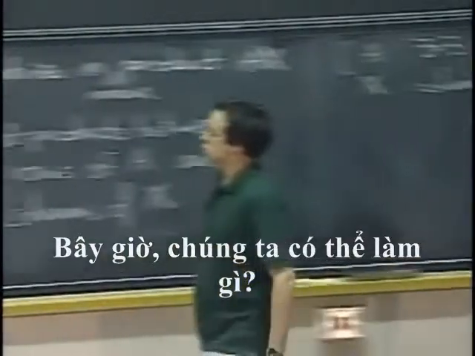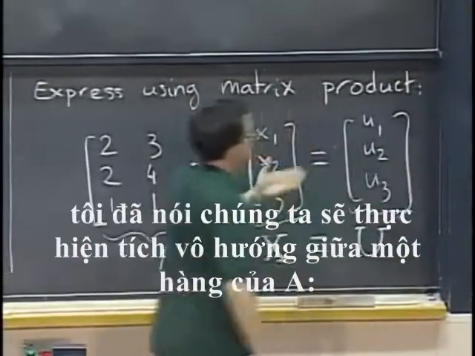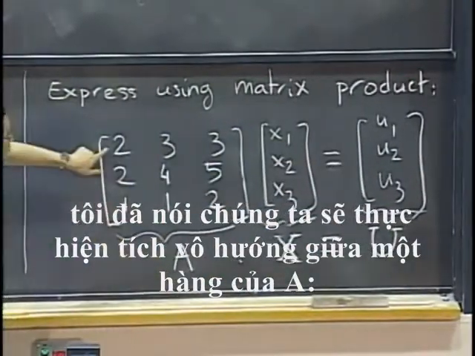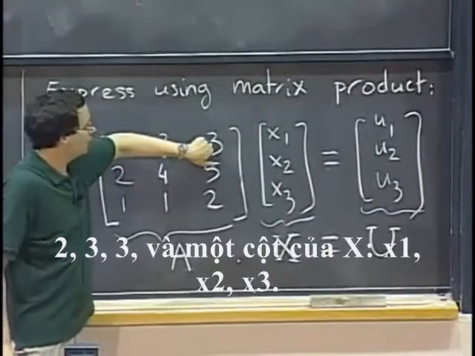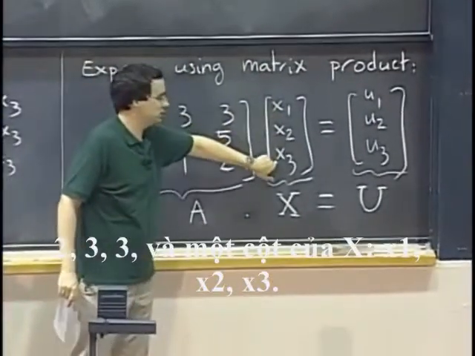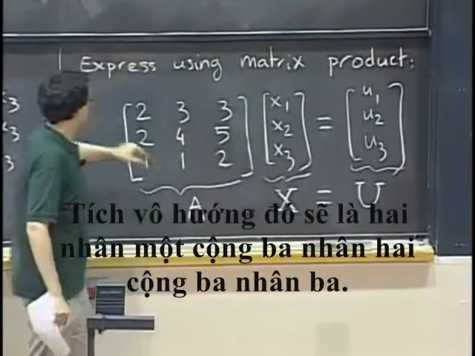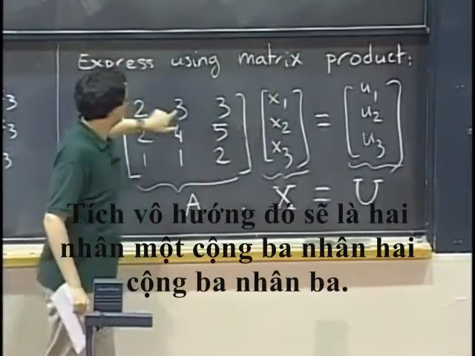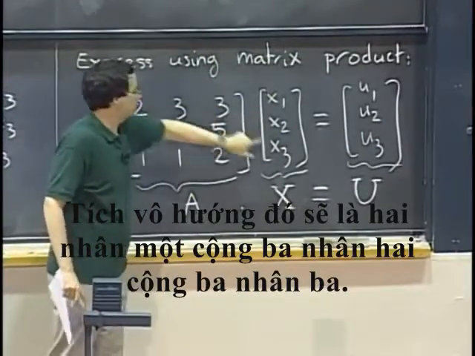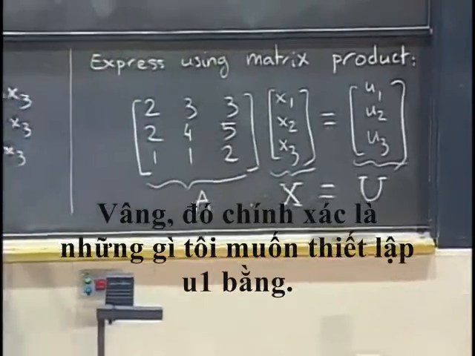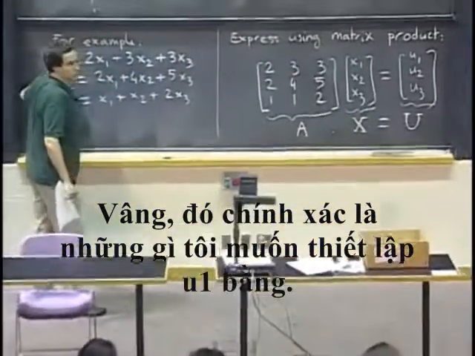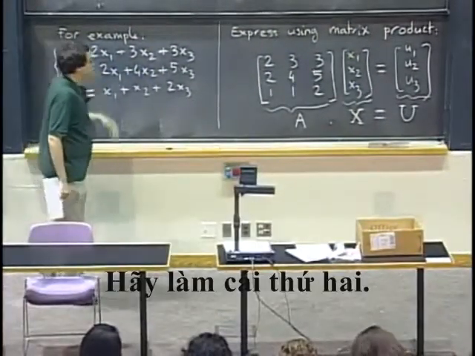Okay, so now what can we do? Well, I said we're going to do the dot product between a row of A, 2, 3, 3, and a column of X, x1, x2, x3. That dot product will be 2 times x1 plus 3 times x2 plus 3 times x3. It's exactly what we want to set u1 equal to. Let's do the second one.